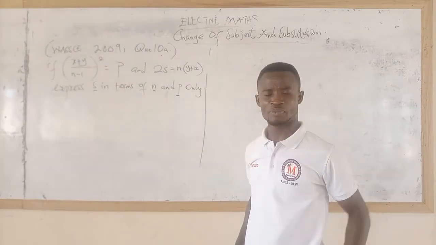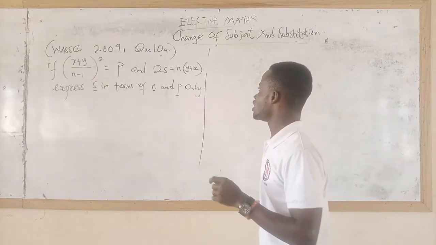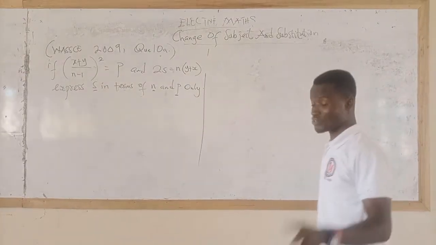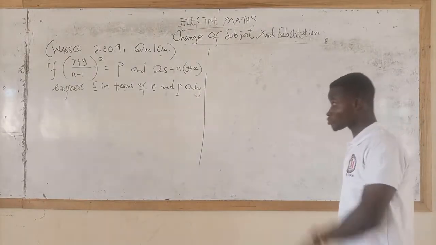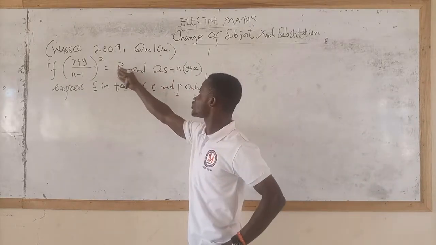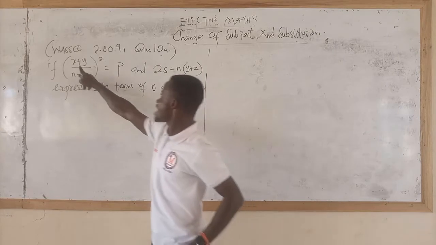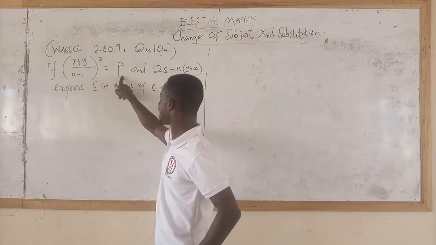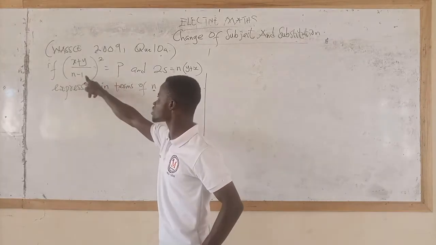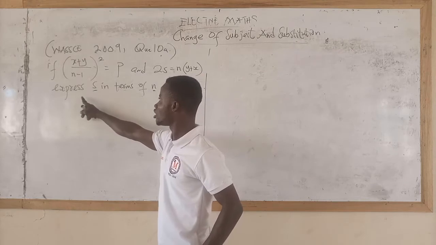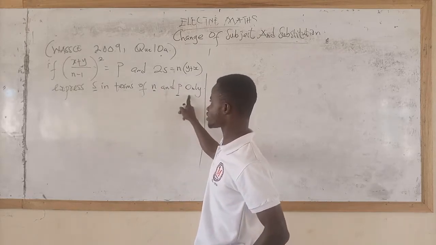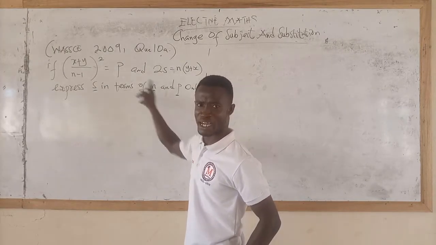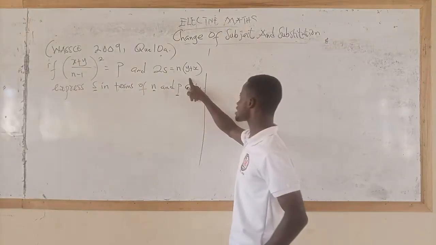Only. I repeat, only. So it means that if you get it in terms of anything again, you are wrong. But looking at the two equations given us here, S here, Y is here, N is here, P is here. But looking at the first equation, and what we are to find, or we are to express, there is something like SY here.